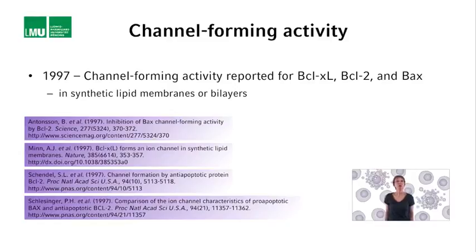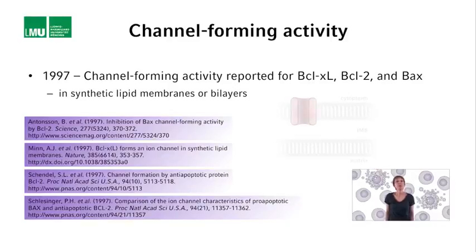The requirements for channel formation and the properties reported for the channels differed between the anti- and pro-apoptotic BCL2-like proteins. However, the fact was that all of them were able to permeabilize synthetic lipid membranes.